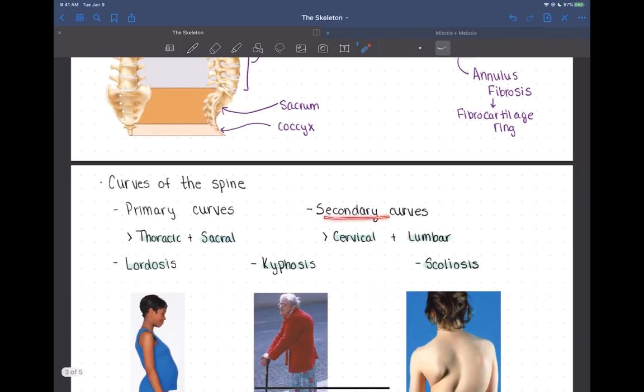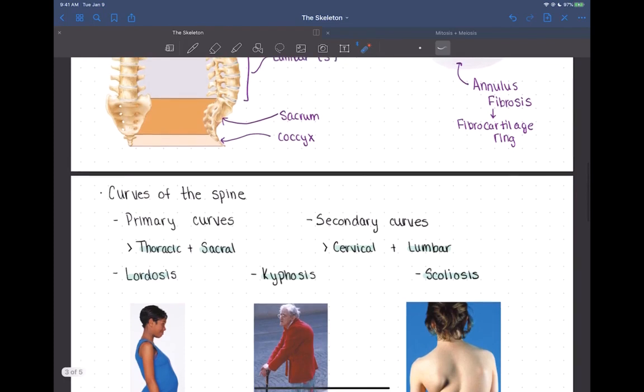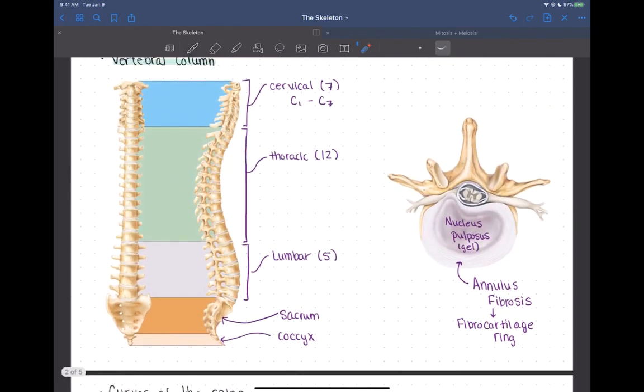The secondary curves develop as the baby starts to perform different tasks. The first one is going to be the cervical curve and then the lumbar curve. The cervical curve develops, so this is convex, right? It moves kind of forward anteriorly like this. That comes from when the baby holds their own head up. When they're starting to support the weight of their head and use those muscles, you get this curvature of the spine, this cervical curve.